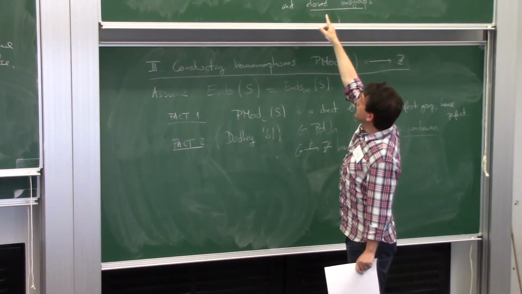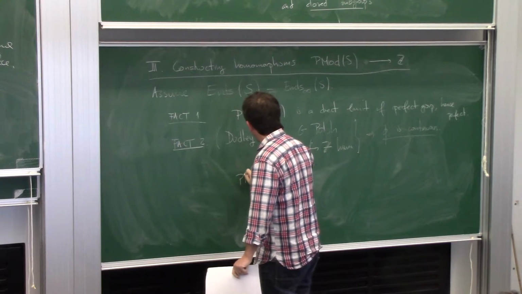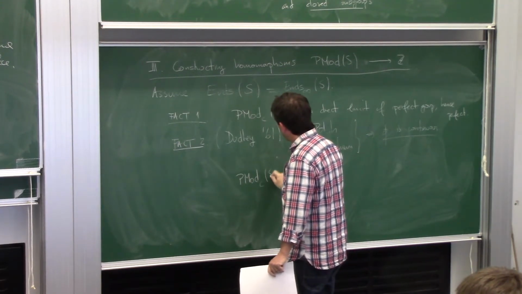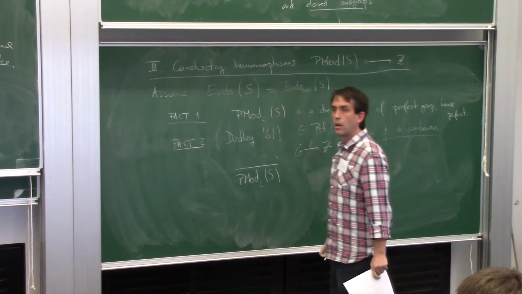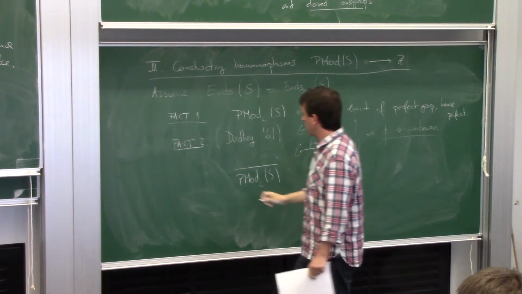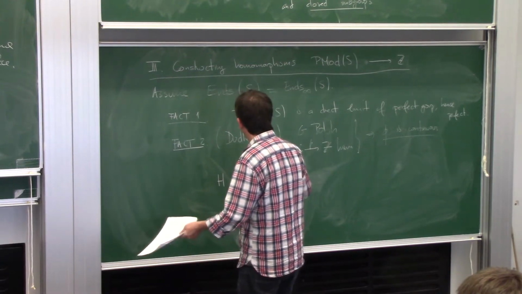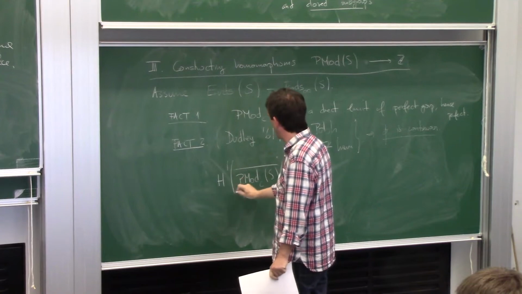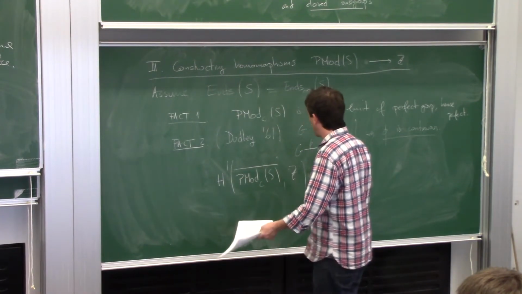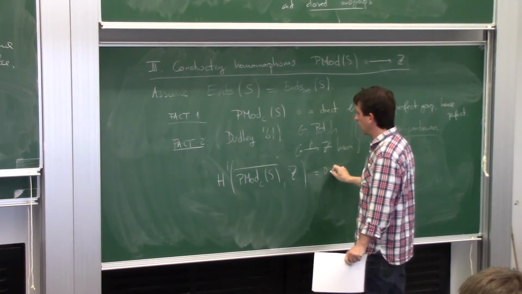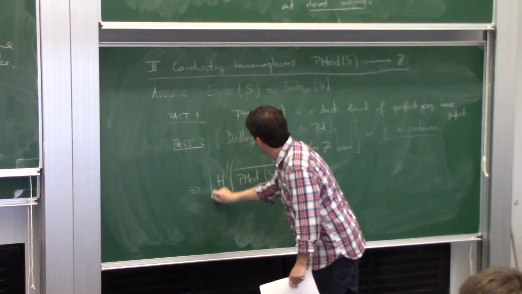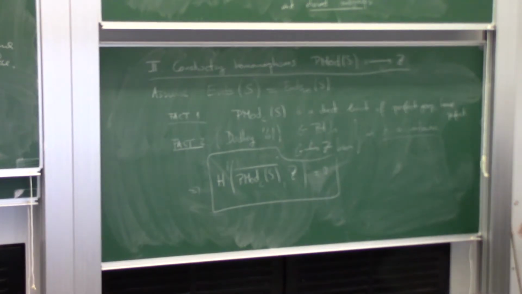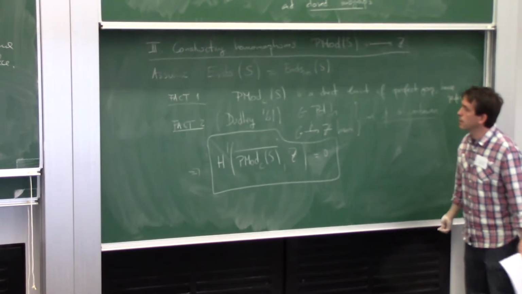So this fact will tell you that for PMod, when you take the closure, in principle you don't know anything about the abelianization, but first every homomorphism to Z has to be trivial, which I find quite amazing.